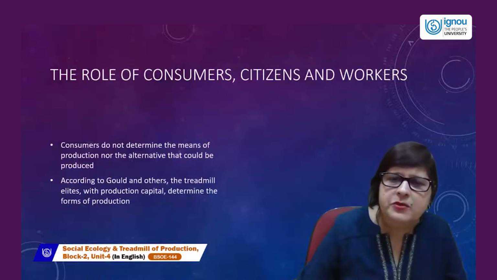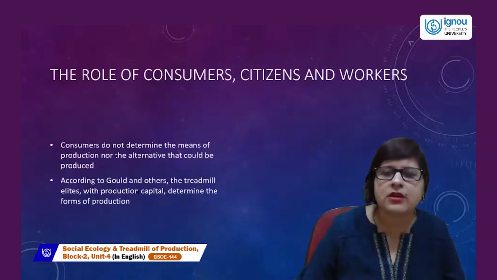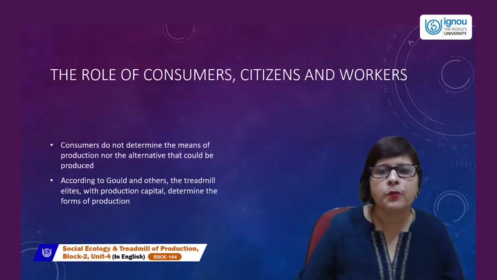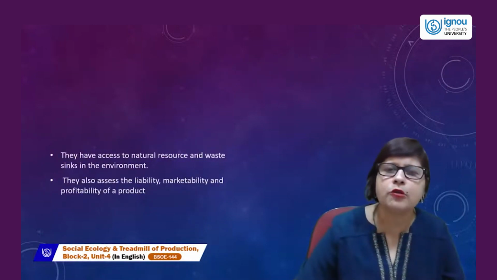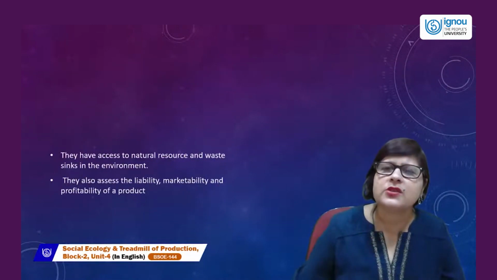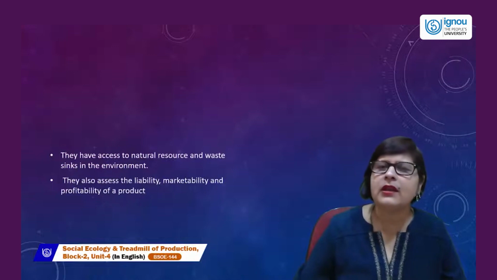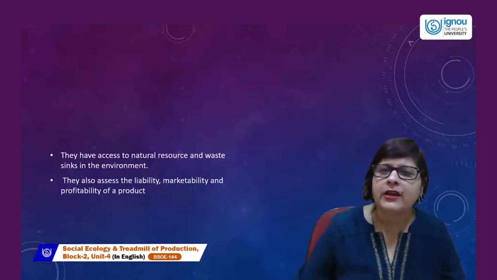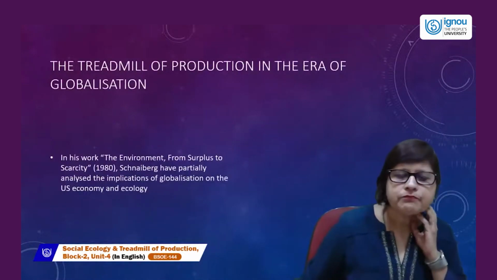The treadmill elites means the owners. Only the owners and the managers determine what to produce, right? How to produce, right? Consumer plays no role. They have access to the natural resources and waste sinks, and they sink their waste into the environment. They have access to the liabilities, marketability, and profitability of the product. The owner owns everything, right?